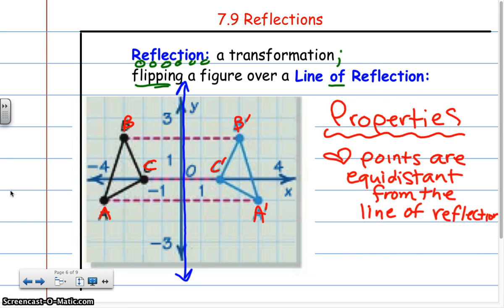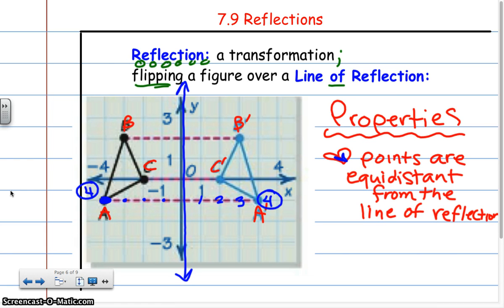Now let's evaluate this property: points are equidistant from the line of reflection. If I look at my first A, I can graph my new A by translating it the same amount of spots that it is from our line of reflection. It looks like A is 1, 2, 3, 4 spots from the line of reflection. Then A prime is going to be 1, 2, 3, 4 spots from its line of reflection.